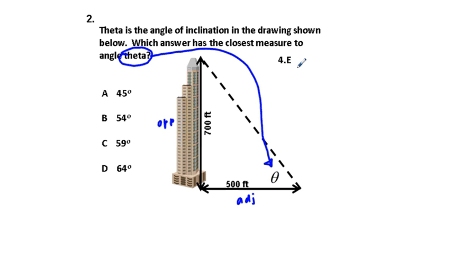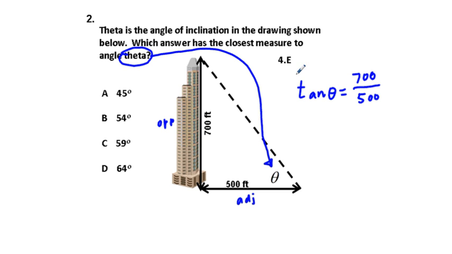And the trigonometric ratios involving opposite and adjacent would be tangent. So tangent theta is going to be 700, which are opposite, over 500, which is our adjacent side. And one thing you could do is you take these individual answer choices and just calculate the tangent of each of these and see which one is closest to 700 over 500.